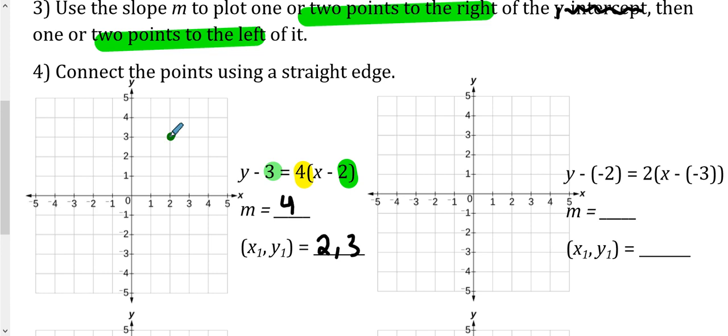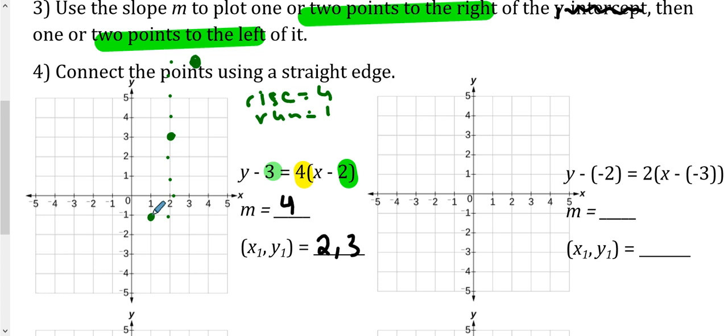Now I'm going to use that idea that my slope is 4, my rise is 4 for every run of 1, because I don't have a fraction here. So I'm going to go rise of 4, 1, 2, running out of space, 3, 4. So that next point will go quite off the graph. We can work backwards as well. 1, 2, 3, 4.